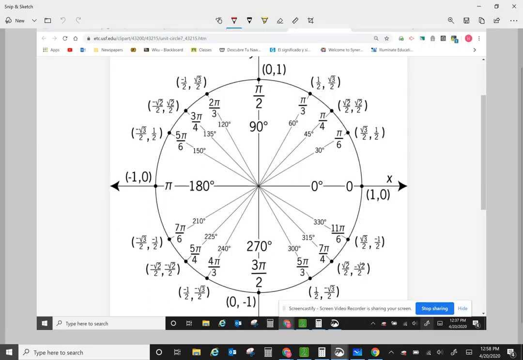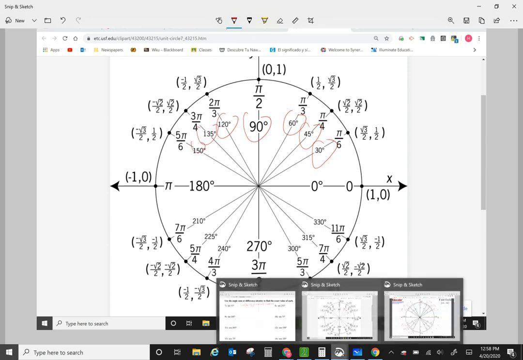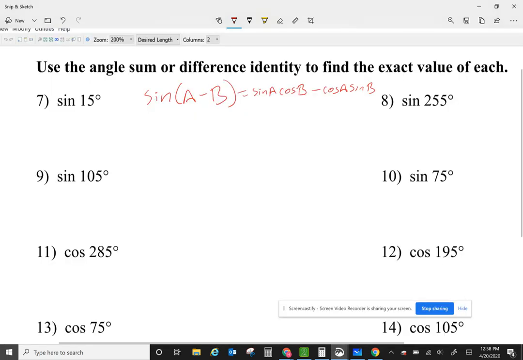Once again, let me refresh you guys of your unit circle. I'm looking at degrees in this case. Try to think of two of the degrees that we have, that when you subtract those two numbers, you get 15. It doesn't matter which two you choose. Look for two numbers that when you subtract, you get 15.